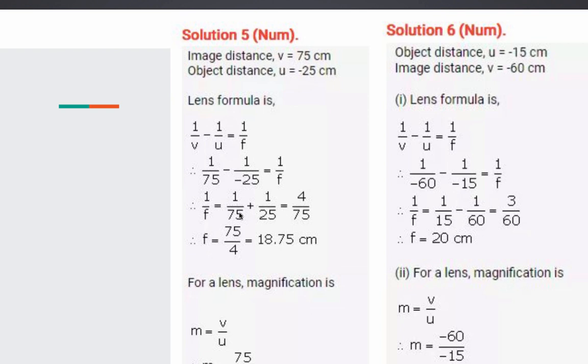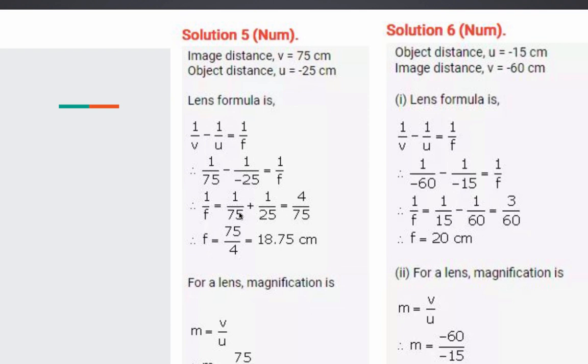Here only the students make mistakes. 1 meter from the screen, object and screen. Screen is what? Where the image is formed. Distance between object and the screen means it is the total distance given, 1 meter. The distance between object and the image. This total distance is given as 1 meter, and 1 meter is 100 centimeter.